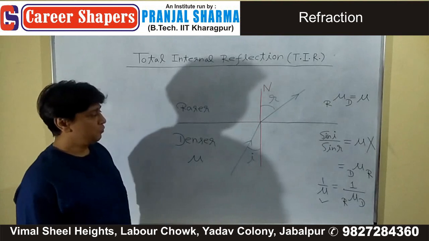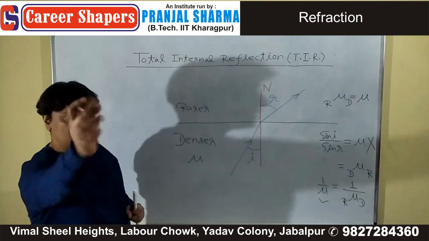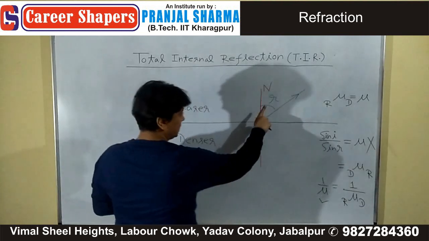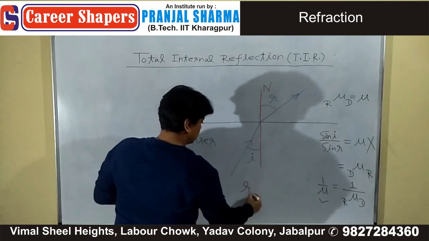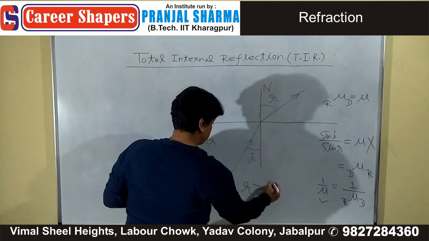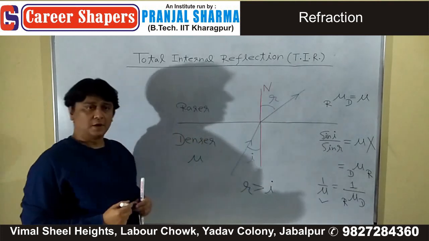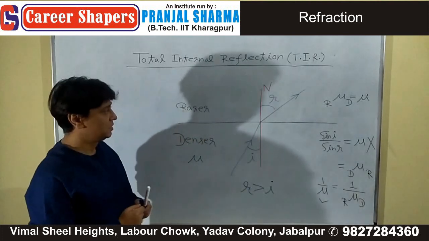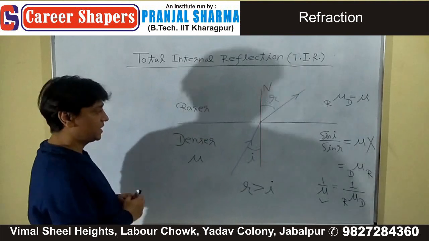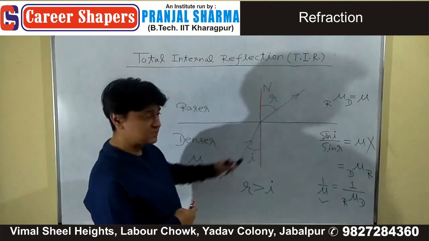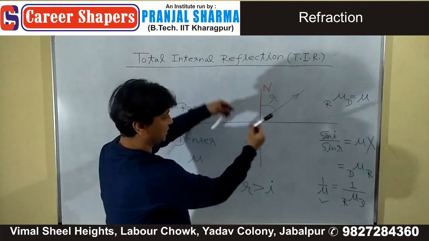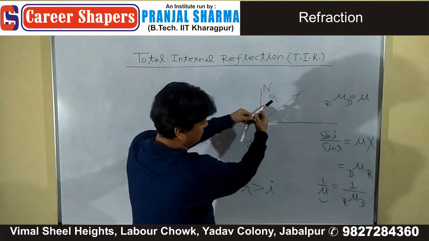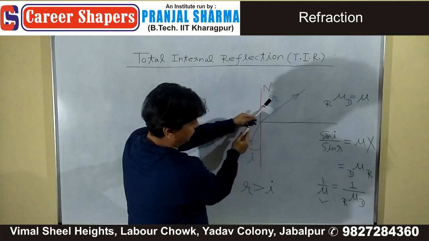Now, once you say that r is greater than i, it moves away from the normal. If I increase this angle of incidence, look at the structure of this whole ray diagram.